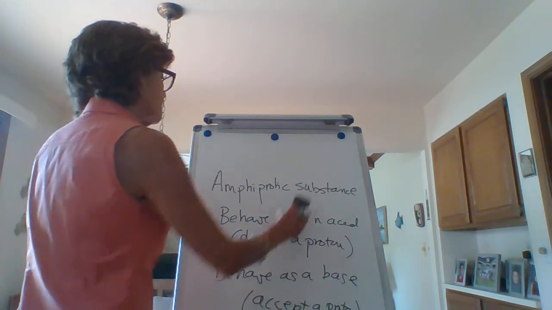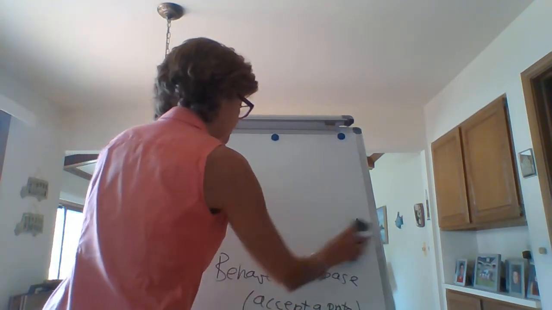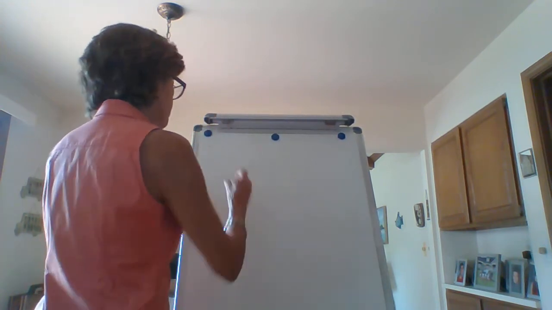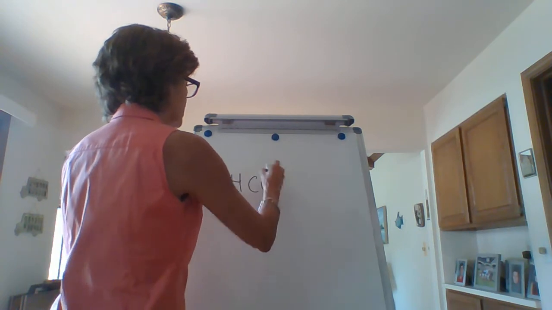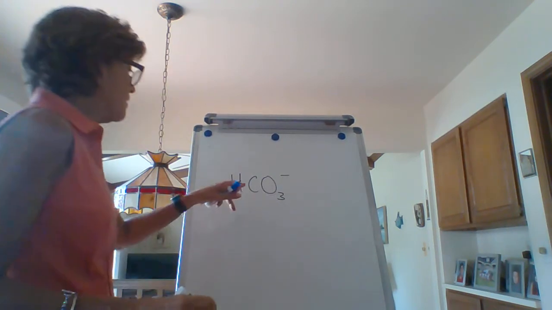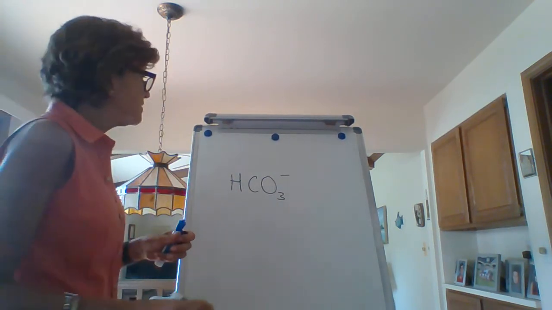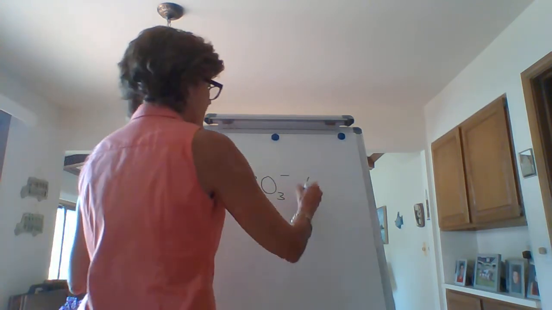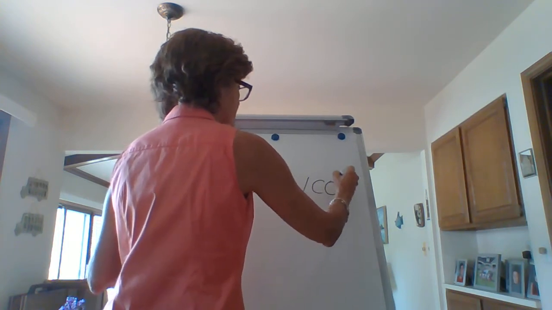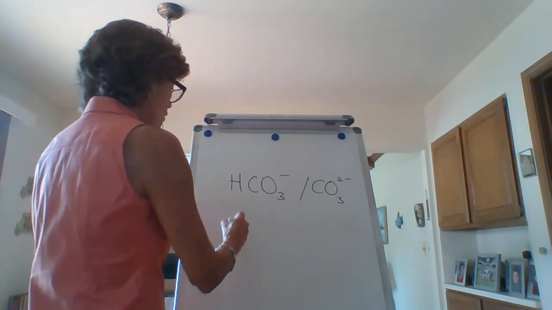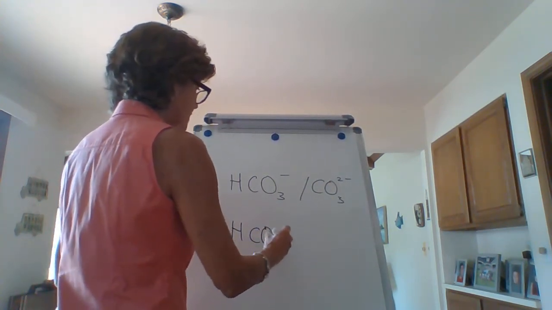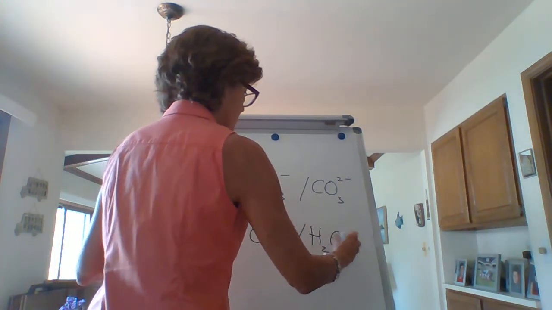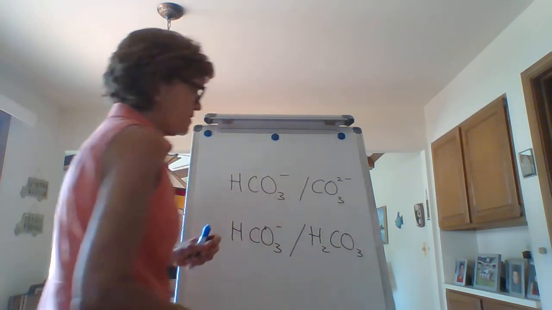Let me give you another example of an amphiprotic substance. You can have the bicarbonate ion, HCO3 minus. This is amphiprotic. What can it do? It can donate a proton and become CO3 2 minus, or it can accept a proton and become carbonic acid.